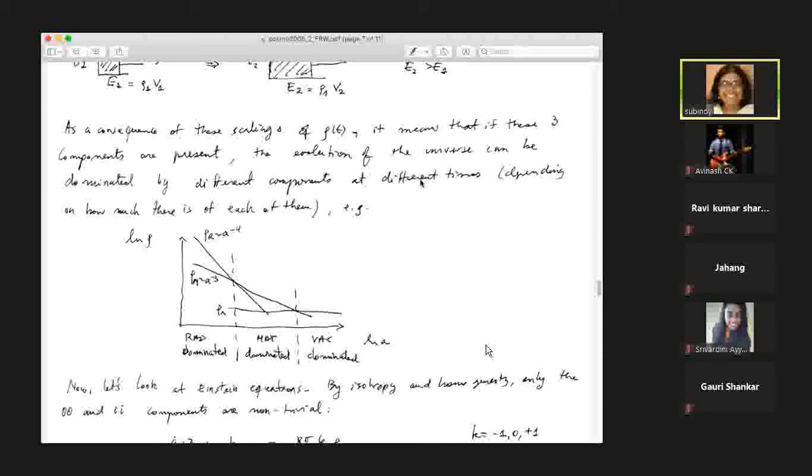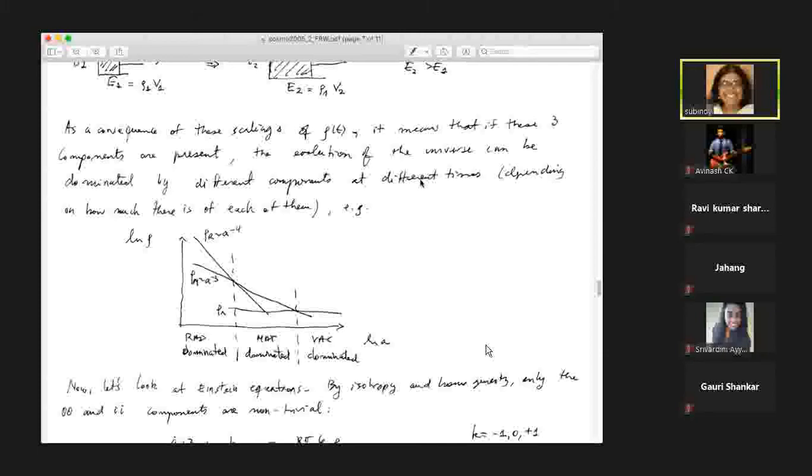So why is it so important to know this plot? Because depending on which domination of the universe you are in, you can approximate the universe with only that fluid.